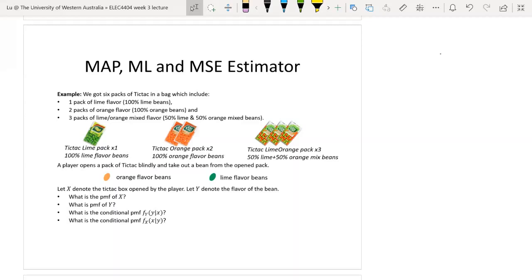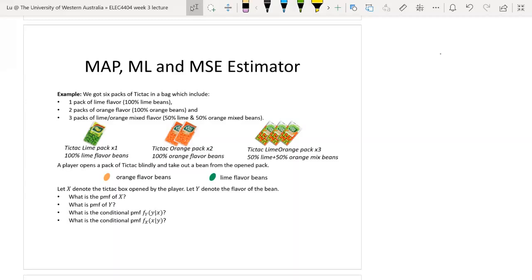Now the question is asking, what is the PMF of x? Actually, from the condition of the question, we know this must be a discrete two-random-variable case. Because they are all discrete random variables in the system, we use the PMF of the random variables as our focus.